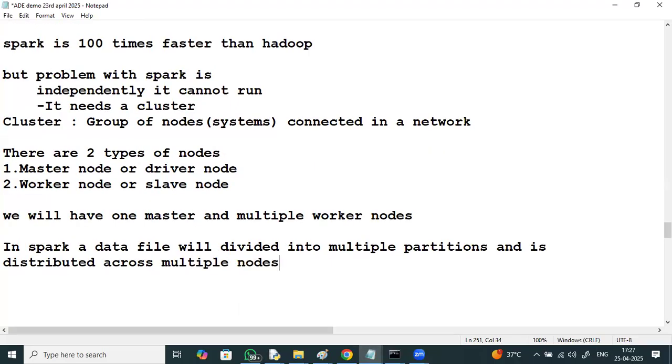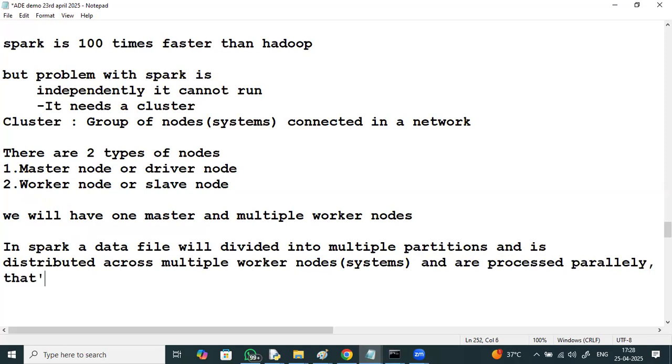The data file is divided into multiple parts, distributed across multiple worker nodes and processed in parallel. That's why we see very high speed.